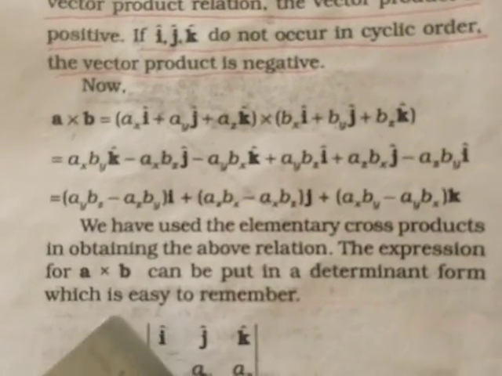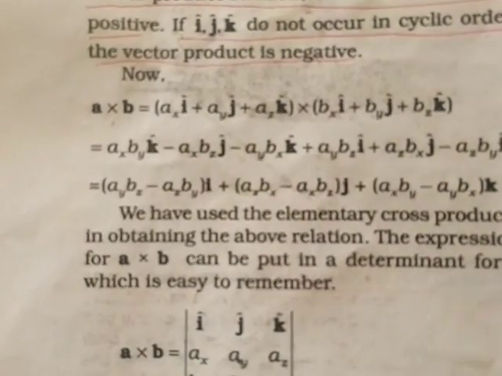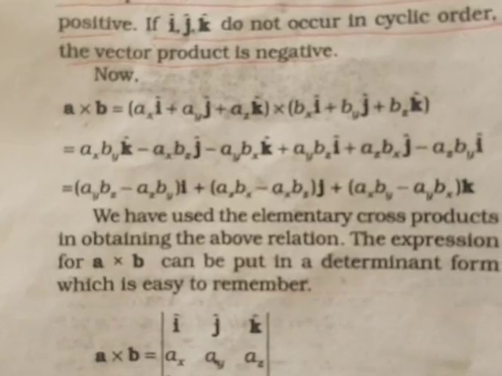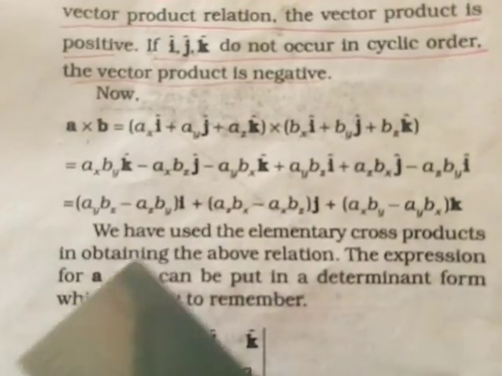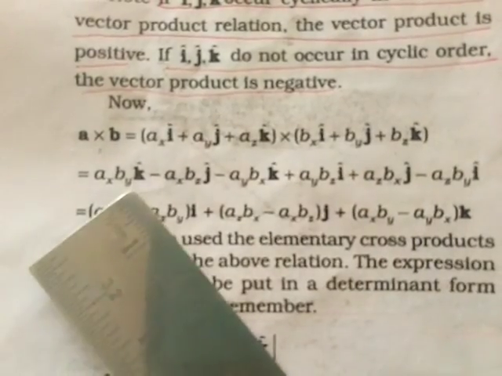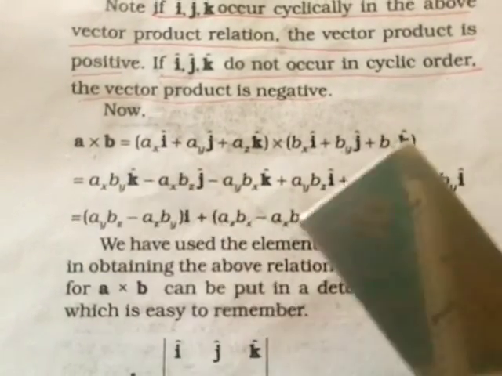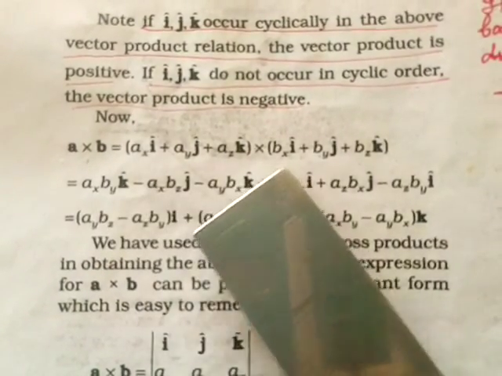Here you can see the cross product of A cross B if A and B are given in component form. What I was telling you just now: AX and BY will be the product with K cap. Then AX and BZ will be the product with J cap, because I cross K will give you J, but it will be negative. Same way AY and BX, K cap; AY and BZ, I cap.